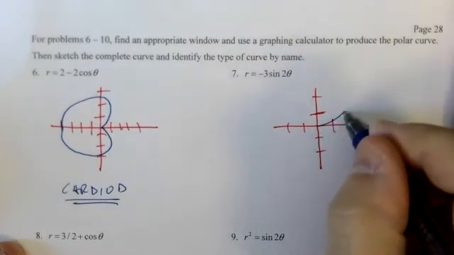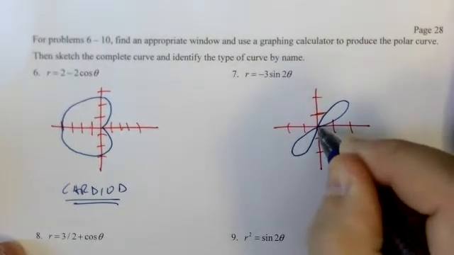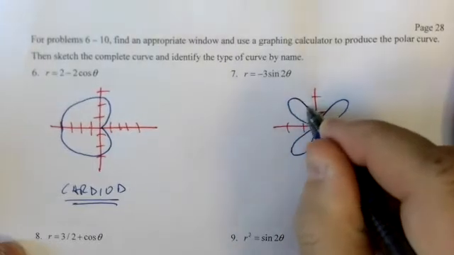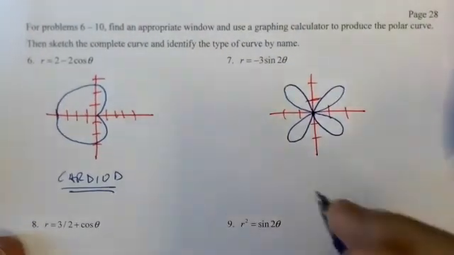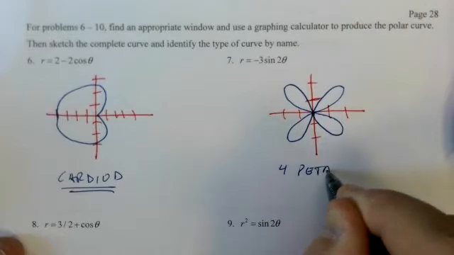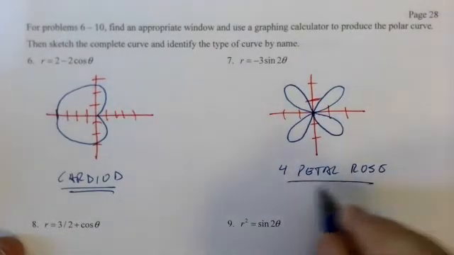Looks something like this. It's a 4-petal rose graph.